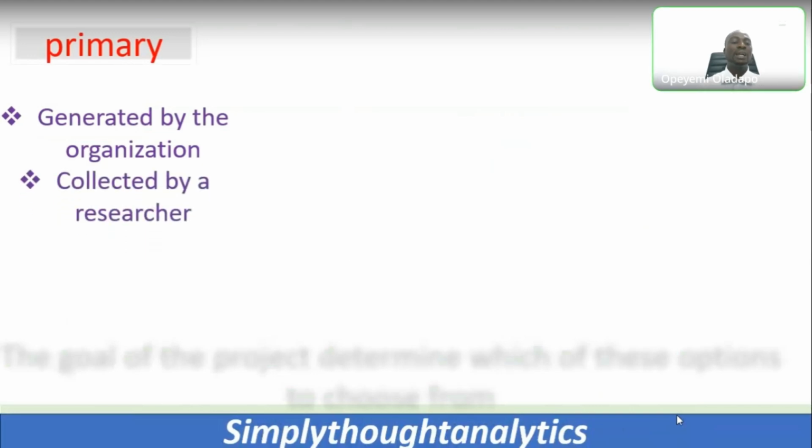If data is collected by a researcher, probably through a survey or through a form of experiment, then it is also primary data. And this requires some resources because an individual or organization will have to generate this data by themselves. So it will always require some resources, from digital to human resources.